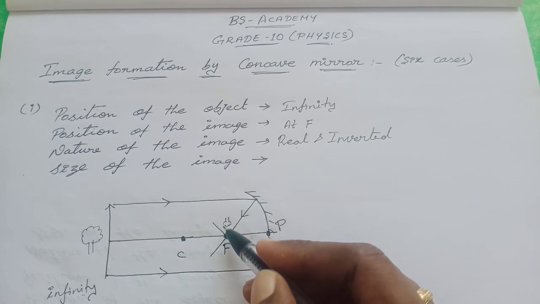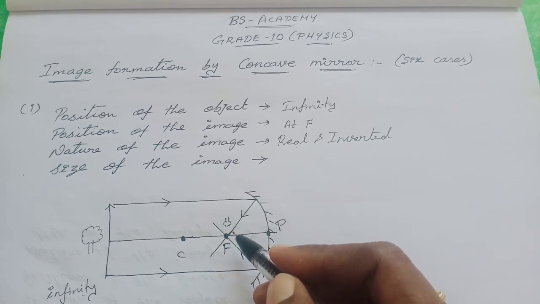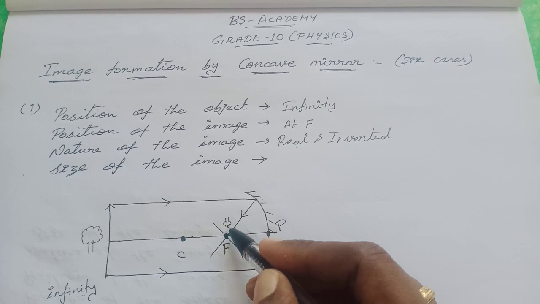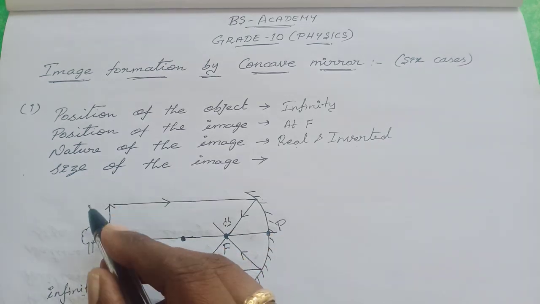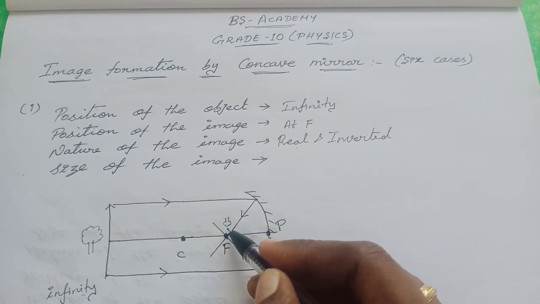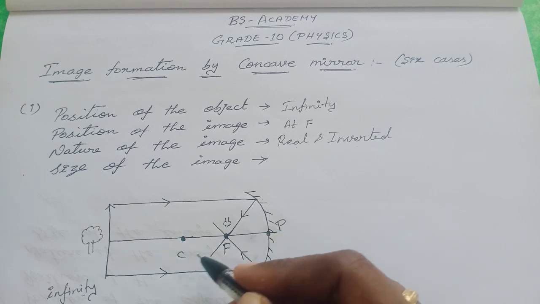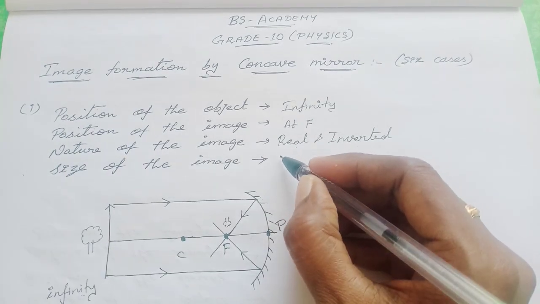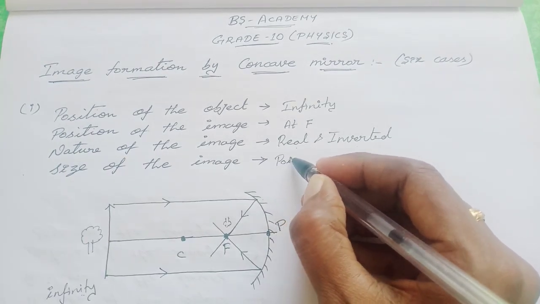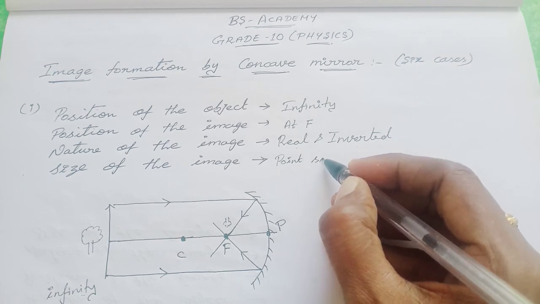So that much smallest image we are getting over here. When compared to the size of the tall tree, the size of the image will be very small. Therefore we can say it is a point-sized image.